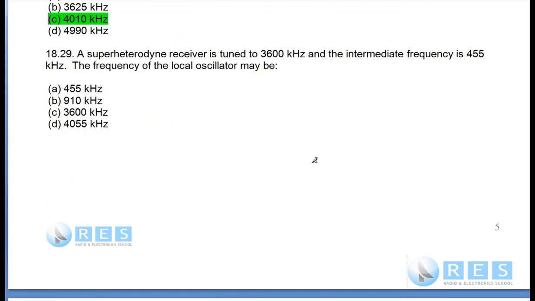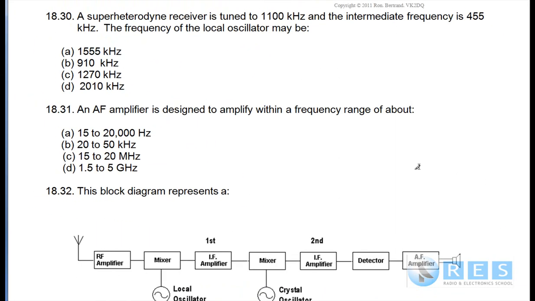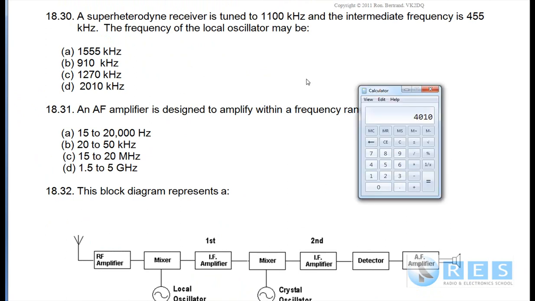1829. If a superheterodyne receiver is tuned to 3600 kilohertz and the intermediate frequency is 455 kilohertz, the local oscillator will be on 3600 plus 455, which is 4055 kilohertz. Question 1830, you'll be getting sick of these, but it's good to have as much practice as you can possibly get.